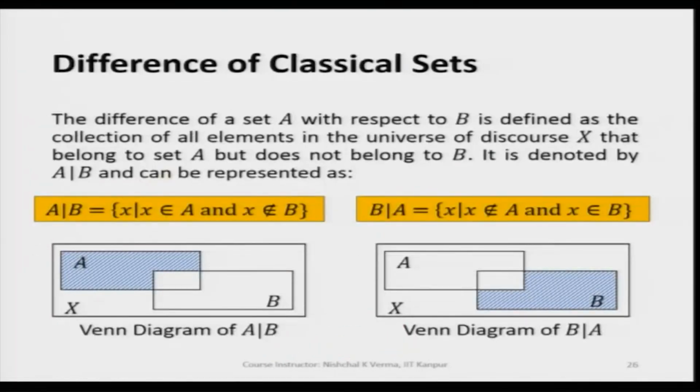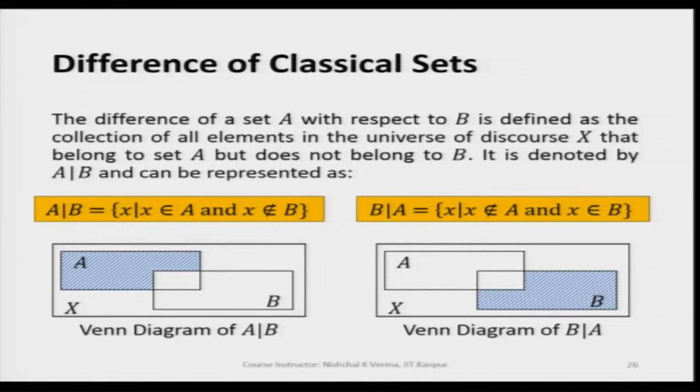Now, let us discuss the difference of classical sets. The difference of a set A with respect to B is defined as the collection of all elements in the universe of discourse X that belong to set A but do not belong to set B. So, this is with respect to the classical set.